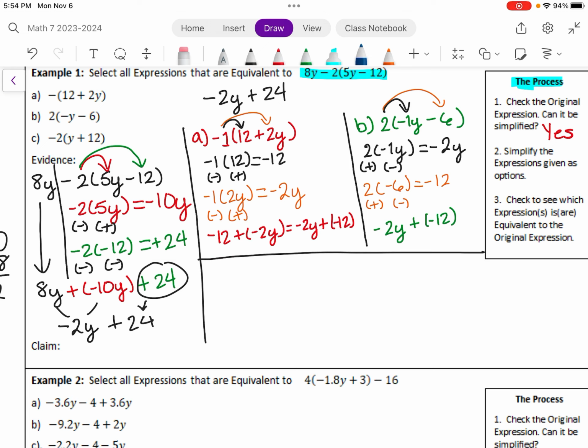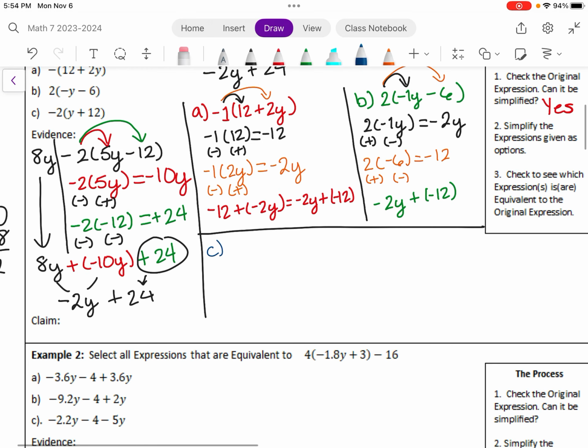Now simplifying my last option, C, I have negative 2 times y plus 12. Remember that y is not just a y. It is actually a 1y. Now I can distribute. So negative 2 times 1y. 2 times 1 is 2. Can't forget my y.